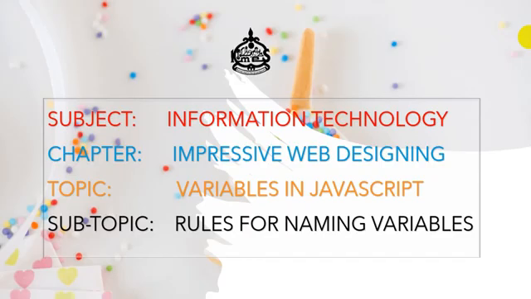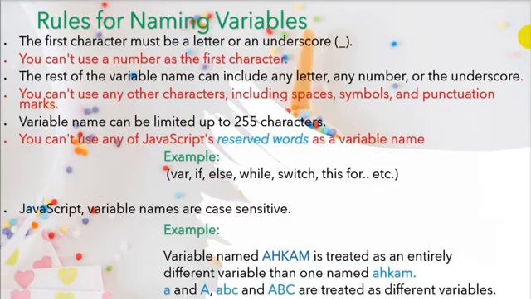It is very important. JavaScript has given certain rules. On the basis of those rules, we can declare a variable in JavaScript. So let's have a look at how we can assign a name to that particular variable. These are the set of rules and regulations given by the JavaScript inventor, who created the JavaScript language.